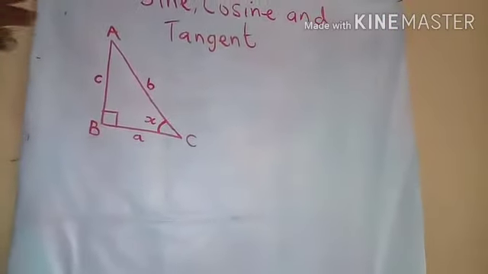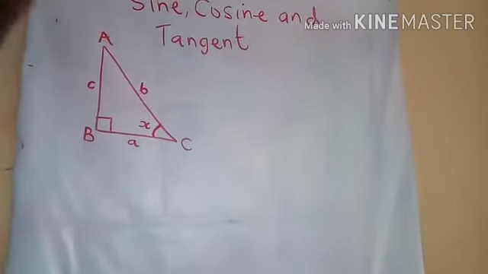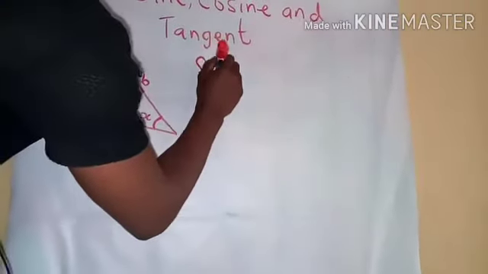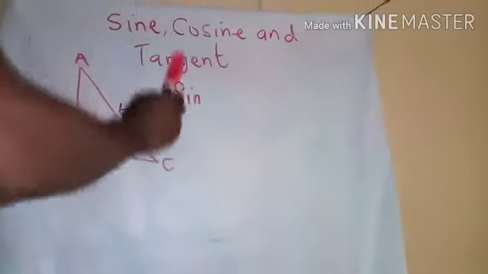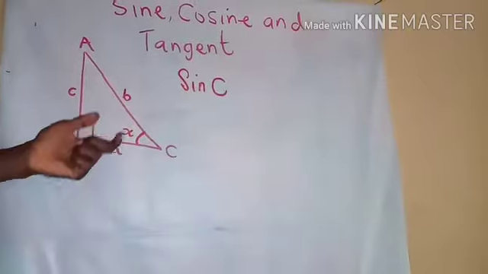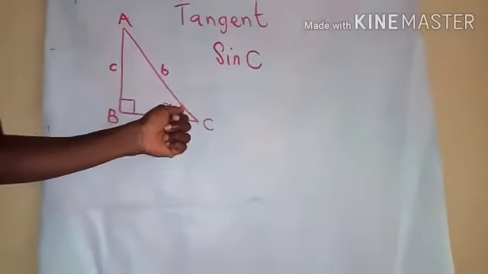So now, from this right angle triangle, how can we get sine? In short, we call it sine for short. So now let's look for sine C. Why do we call it sine C? Because sine C has the angle.